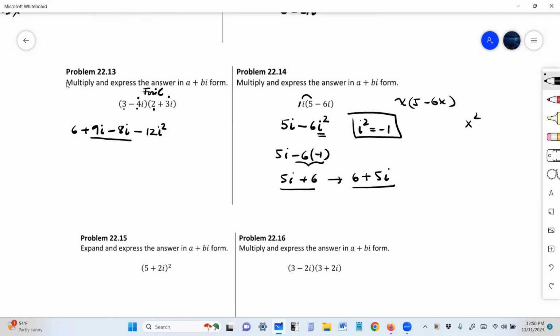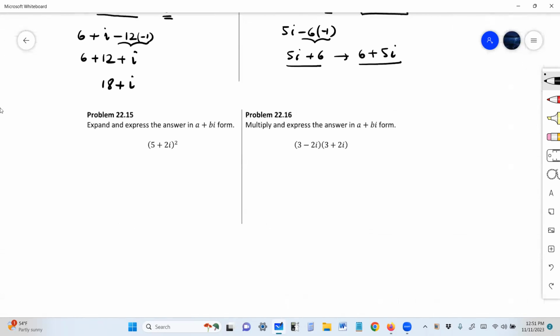Combine like terms. So this is 6 plus 1i, or just i, minus 12, but here is the i squared again, and you have to make the substitution. Minus 1. So this is positive 12, so I have 6 plus 12 plus i, which is 18 plus i. Okay, so whenever you see i squared, you make the substitution.